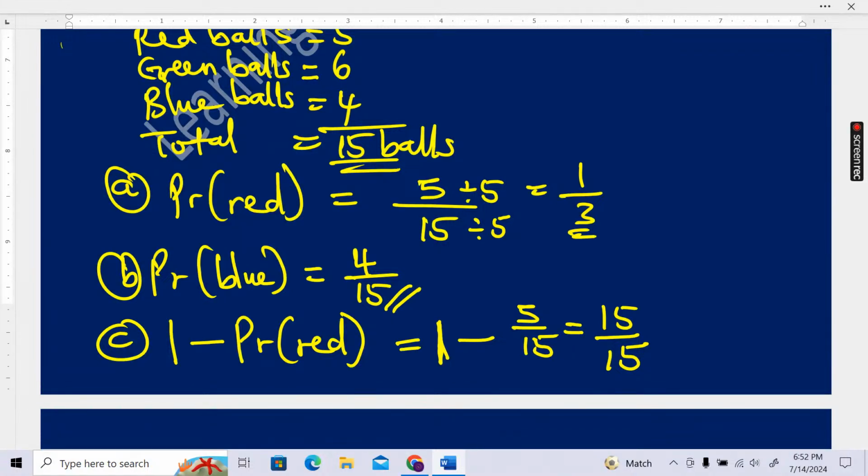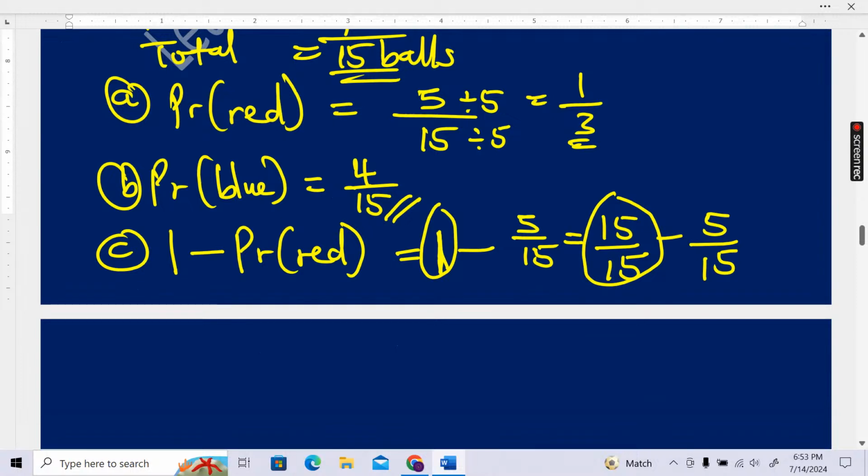If the denominator of the fraction is 4, your one whole number will be 4 over 4. I hope that's clear. So that will be 15 over 15 minus the 5 over 15. So I have replaced the one whole number with 15 over 15, since 15 over 15 will give us 1.